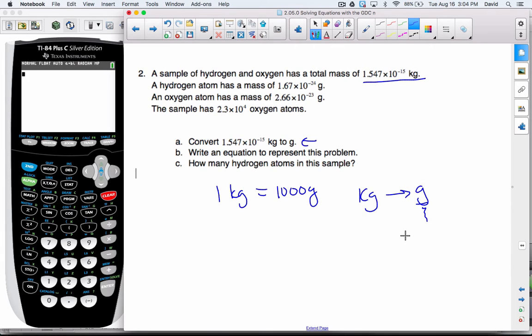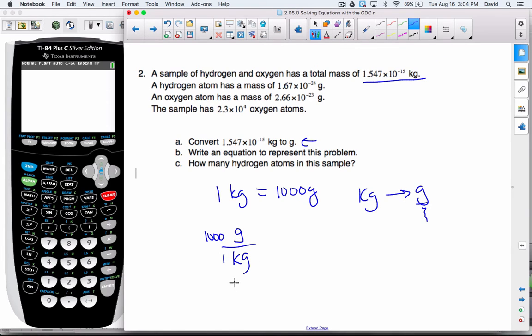What I can do is make a conversion factor such that the quantity I want to end up with, grams, is on the top of the fraction, and the thing I start with, kilograms, is on the bottom. I know there's 1,000 grams to 1 kilogram.